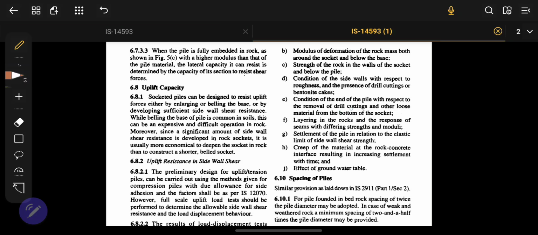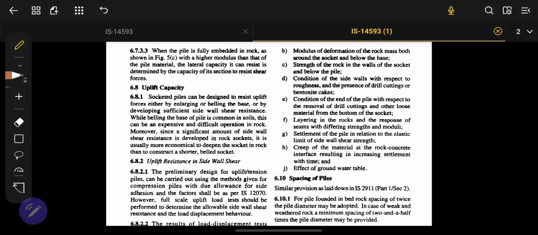Condition of the end of the piles with respect to the removal of drill cuttings, layering in the rocks, and the response of the seams with differing strength and moduli. So if your rock has different layers within this socketing length, their modulus of elasticity will definitely be different, because the E value is proportional to the strength.